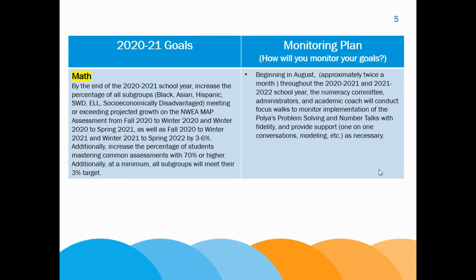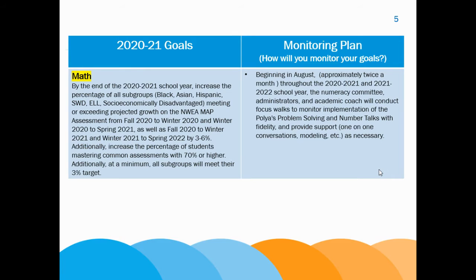Additionally, increase the percentage of students mastering the common assessments by 70% or higher. At a minimum, all subgroups will meet their 3% target.